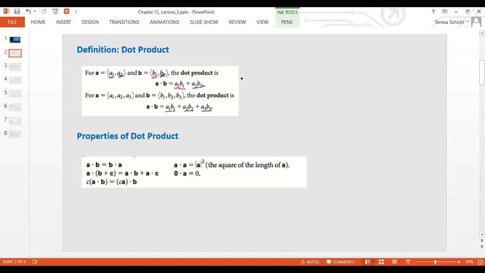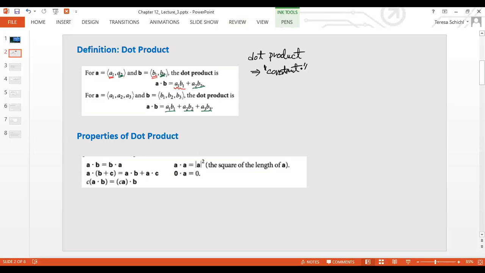Now let's take a look. What is your dot product result? Is it a vector or a constant? Because you use the first elements times the first elements, and add the second element times the second element, what you come out with is a constant.